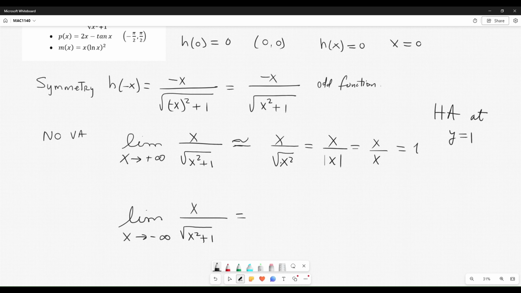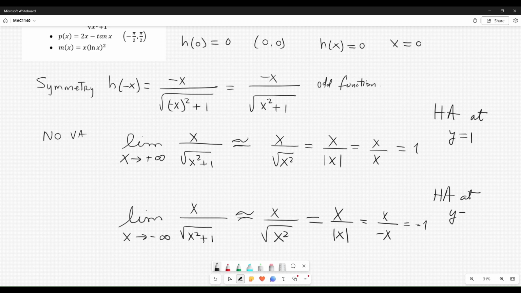Let's see what happens at negative infinity. Well, this is approximately x over square root x squared, which is x over the absolute value of x. But in this case, the absolute value is not x, sino es minus x. The answer is -1. Wow, it's a typical example. Okay, we have two different horizontal asymptotes, at y = 1 and y = -1.